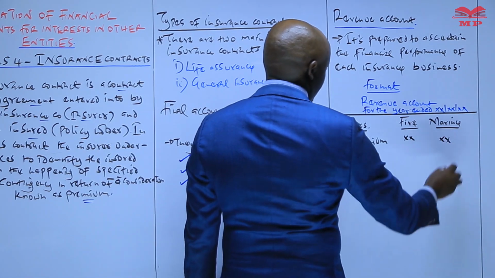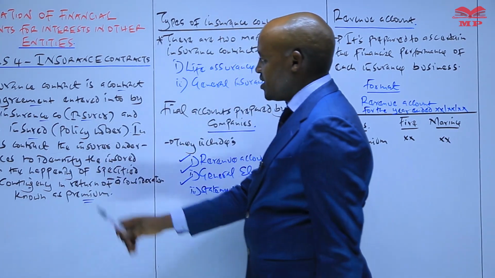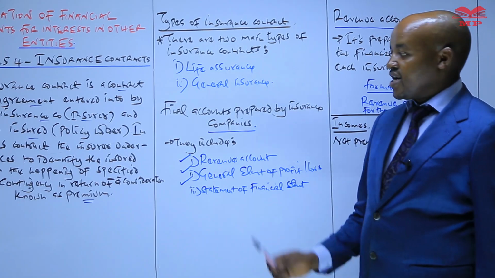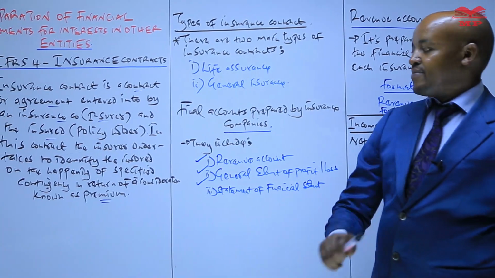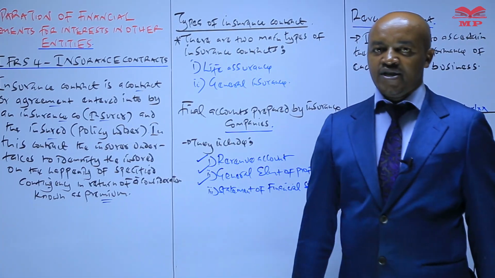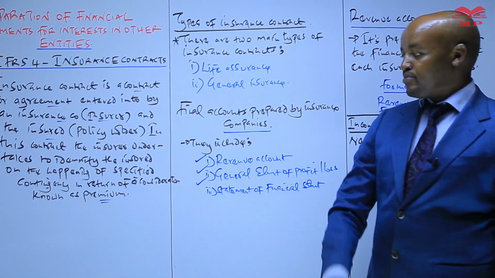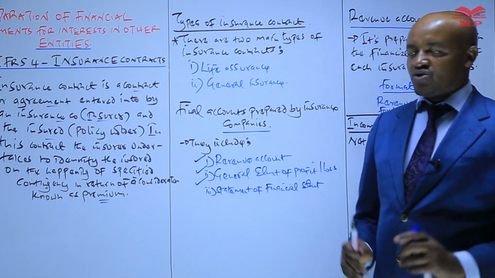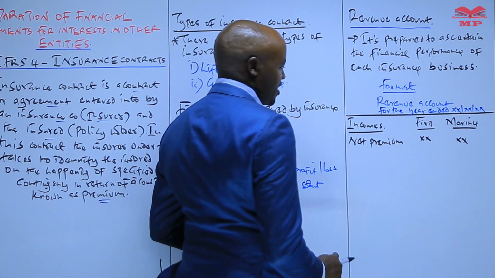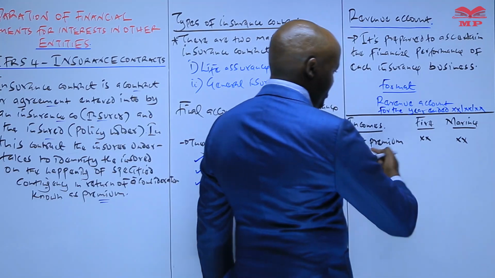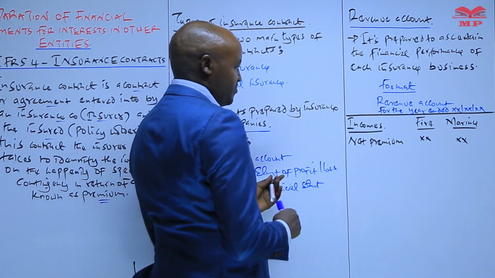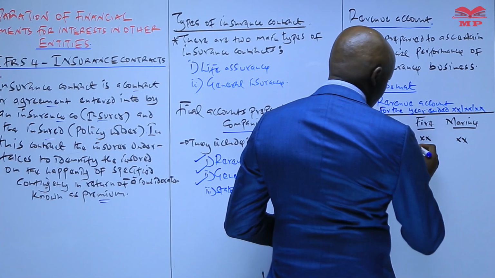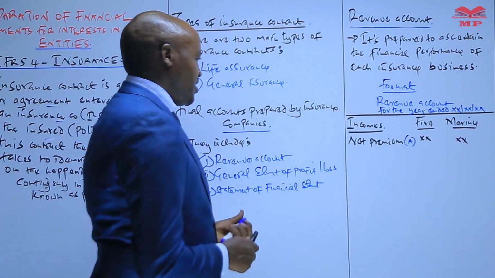Remember, once you enter into an insurance contract with an insurance company, the insurance company will undertake to compensate you on the happening of a specified contingency, and then on your part, you have to pay some premium. That premium you pay to the insurance company is actually the main source of income. We determine net premium; we're going to look at how we determine this particular net premium, because the examiner will not have given you that.